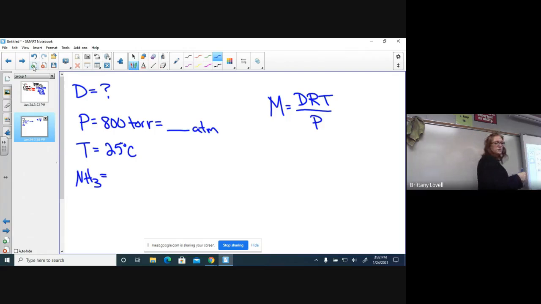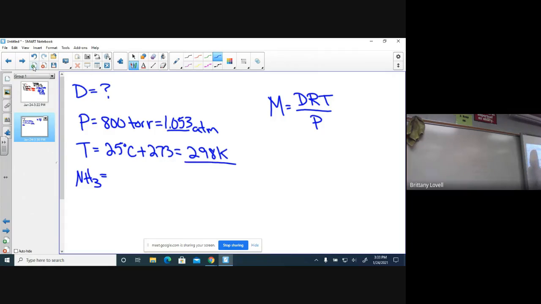So I'm going to take 800 torr divided by 760, and I'm going to end up with 1.053 atmospheres. Temperature, remember, we add 273, so it's going to end up being 298 Kelvin.